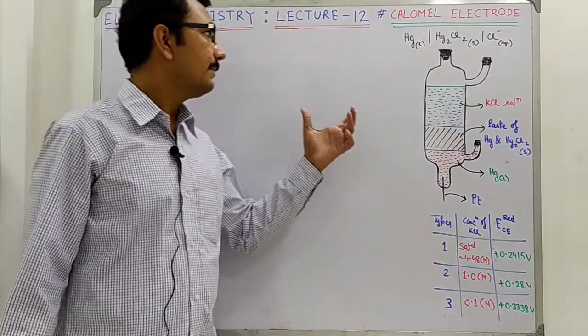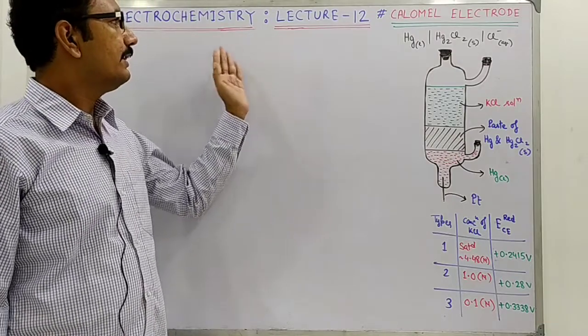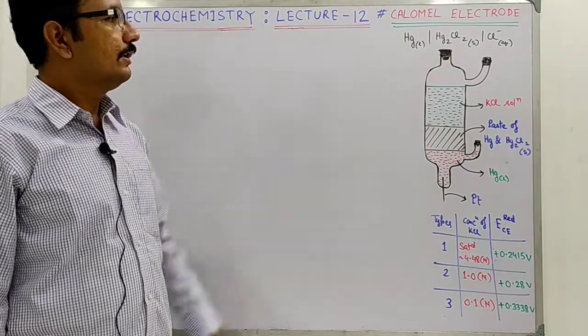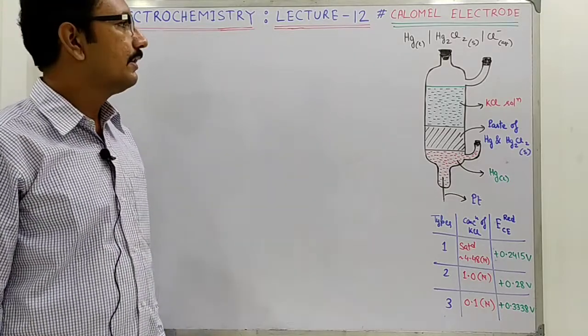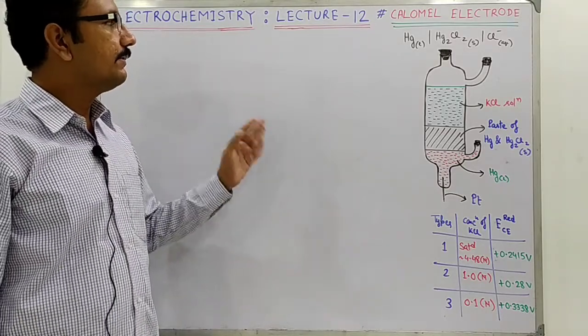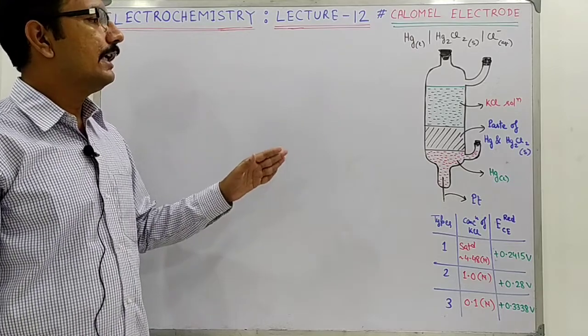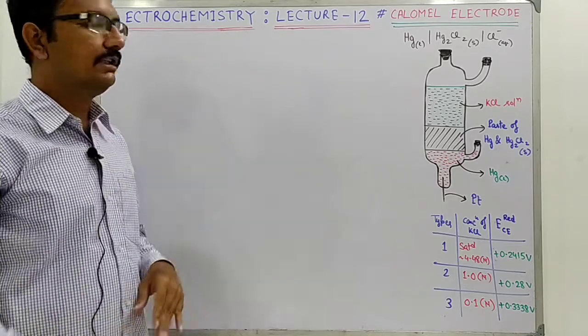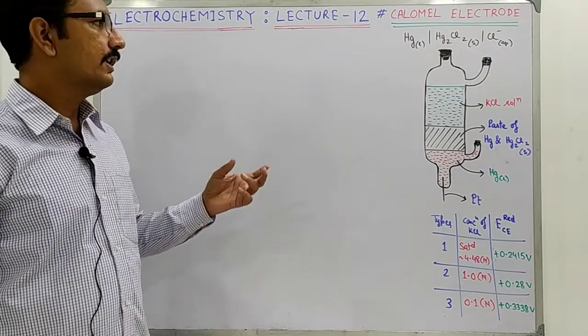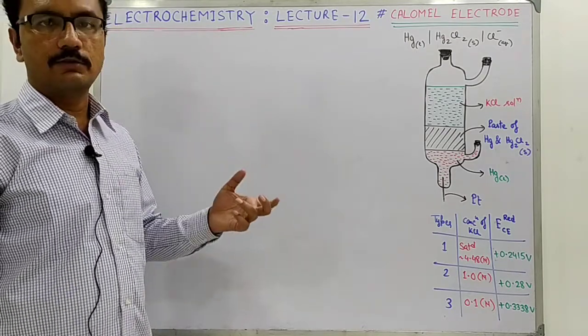Hope all of you have watched the video where I have shown the standard hydrogen electrode. Now that was the primary reference electrode, and today in this lecture I will introduce you to the secondary reference electrode.